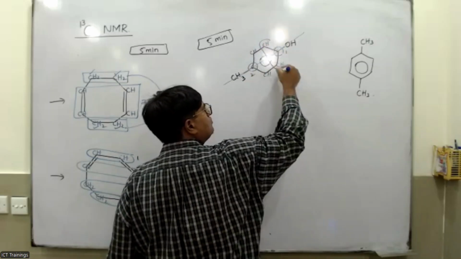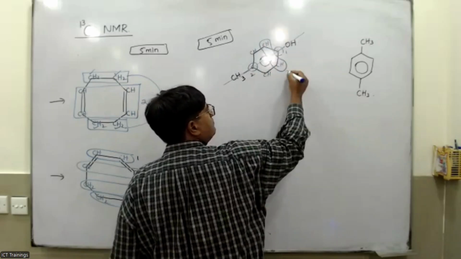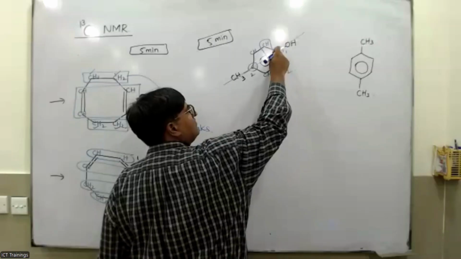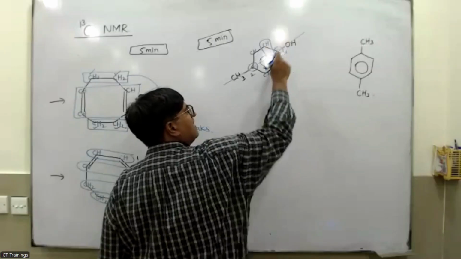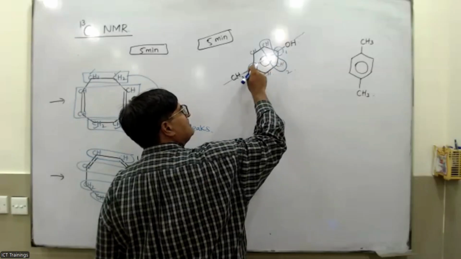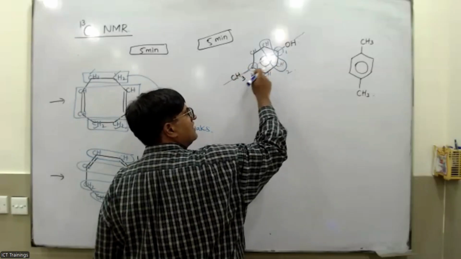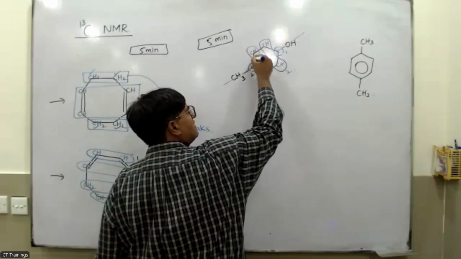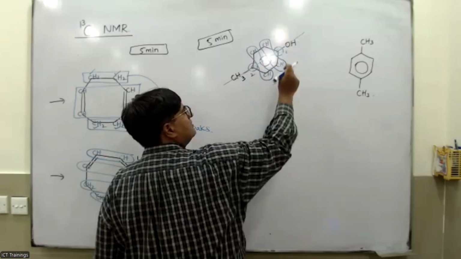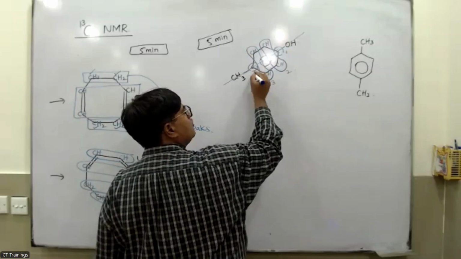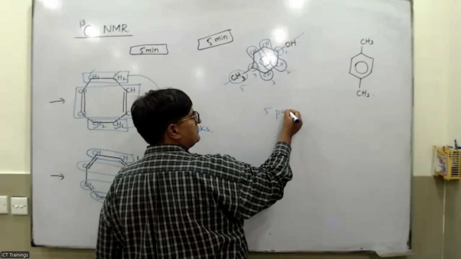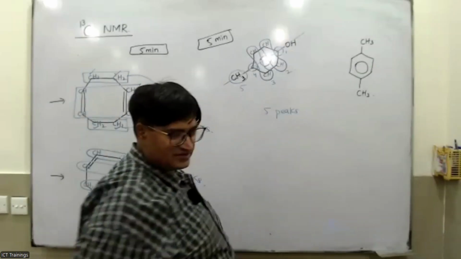These two front things form the second environment. This CH is having C and OH on one side, and this CH is having CH and CH3 on the other side, so these carbons are present in a different environment. Third, so 1, 2, 3, this is 4, and this carbon is 5. So this one will form 5 peaks. Did you get it?